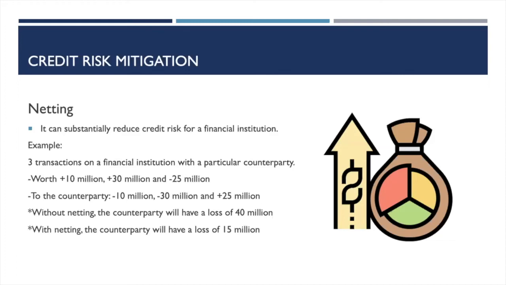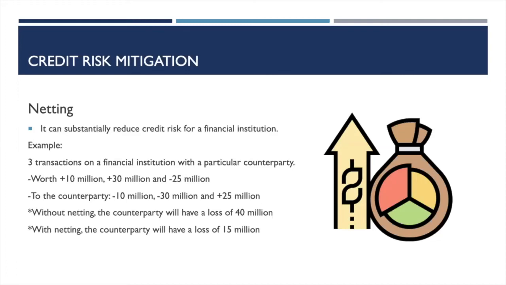For example, consider a financial institution that has 3 transactions outstanding with a particular counterparty. The transactions are worth 10 million, 30 million, and minus 25 million. Then the counterparty runs into difficulties and defaults on its outstanding obligations, so these transactions now will have values of minus 10 million, minus 30 million, and plus 25 million to the counterparty, respectively.